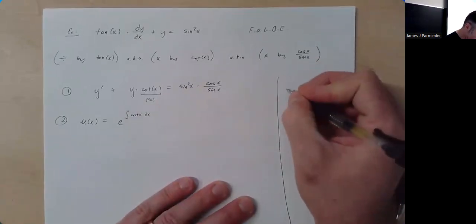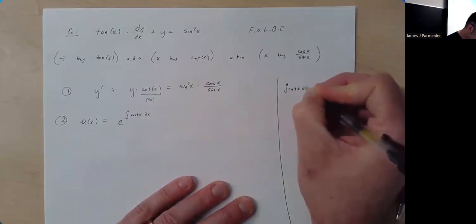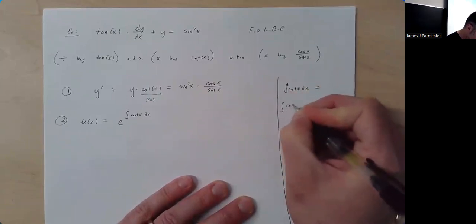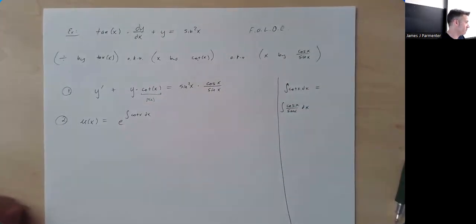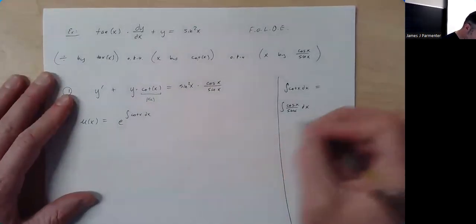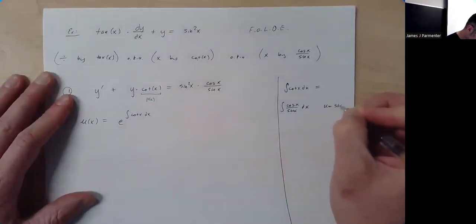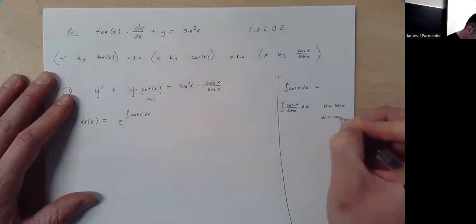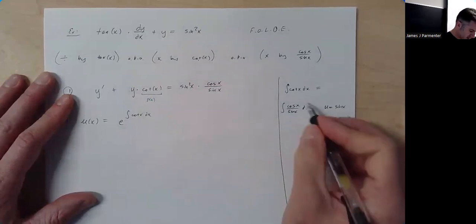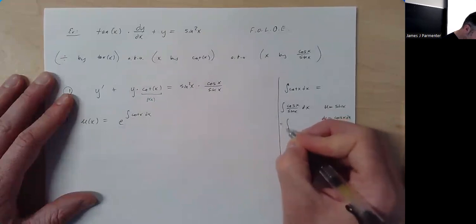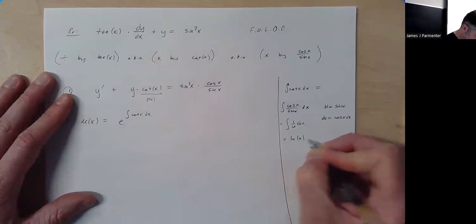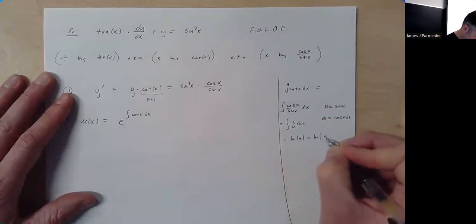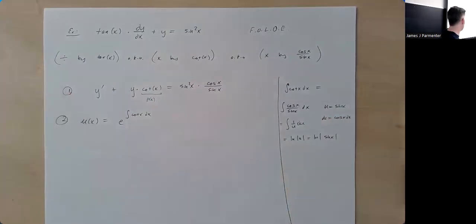So the integral of cotangent of x dx is the integral of cosine x over sine of x. Now how could I try and solve that integral? We're going to let u equal sine of x. du is exactly cosine of x times dx. So this integral becomes the integral of 1 over u du, which is the natural log of the absolute value of u, which is the natural log of the absolute value of sine of x. We're going to ignore the absolute value part, but the rest is good to go.